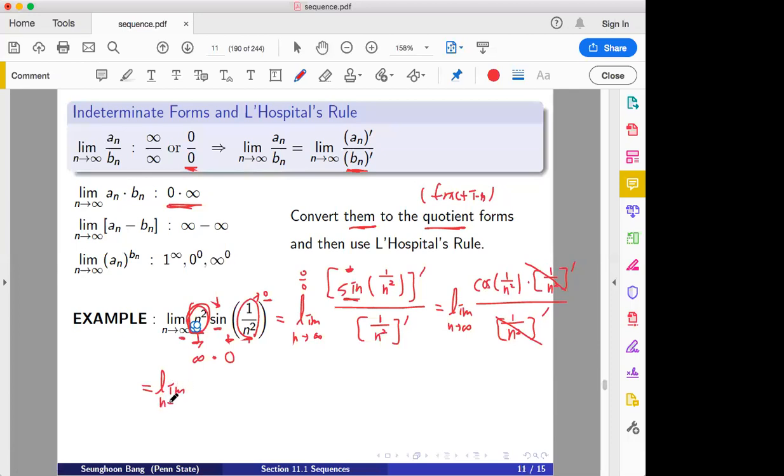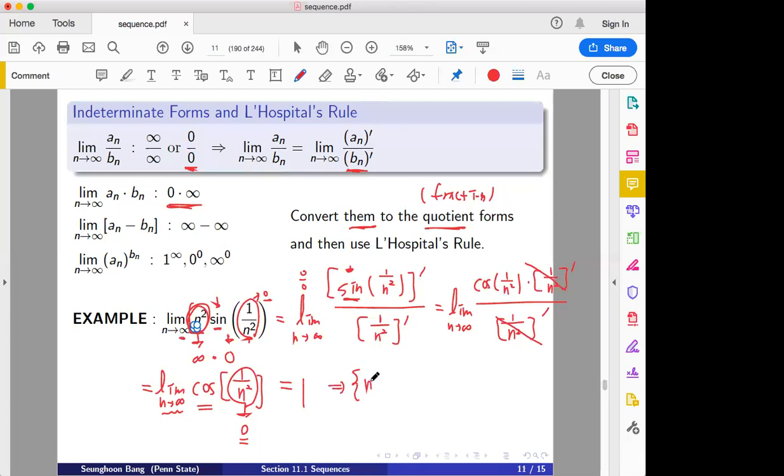The answer is the limit as n approaches infinity of cosine of 1 over n squared. As n approaches infinity, 1 over n squared approaches 0. What is cosine of 0? Yes, this is 1. So what is your final answer?